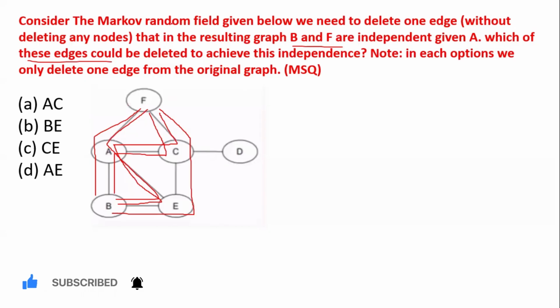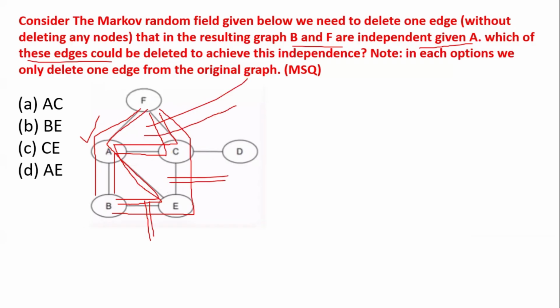That means given A, we can keep A, and we can ask which of these edges we can delete so that there will be independence between B and F. So if we delete this edge, the line which connects B and E, this edge and this edge, then B and F will be independent of each other. So our answer will be BE, CE, and FC or CF. That means there are 2 options, BE and CE. FC is not there, so these 2 will be our options for this question.